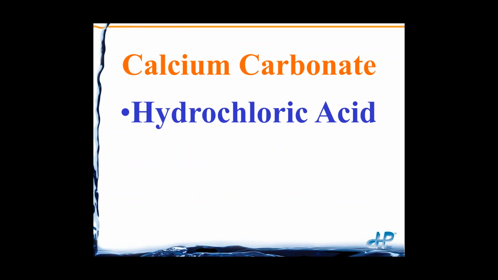So to get rid of calcium carbonate, we want a low pH. So hydrochloric acid is certainly a way to do that. Citric acid is another one, or citric acid and a little hydrochloric acid. Hydrochloric acid strictly lowers the pH, turns your carbonate into CO2, and you get a bunch of bubbles.